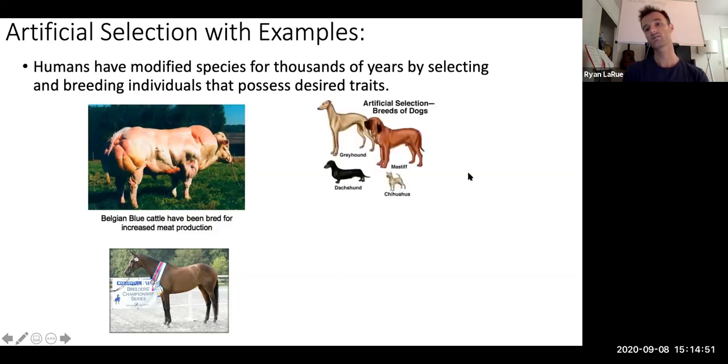And speaking of dogs, funny enough, like I said on this bullet point here, for thousands of years humans have been doing this sort of thing, especially with farming and desired crops that have bigger yields maybe, and cross-fertilizing those types of plants. But interestingly enough, all dogs have a common ancestor, which is actually the wolf.